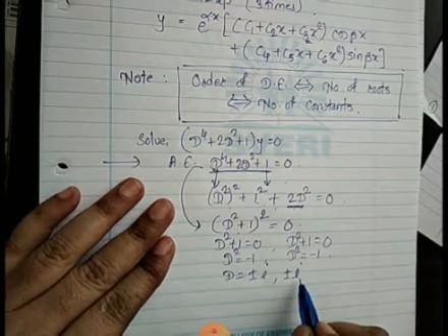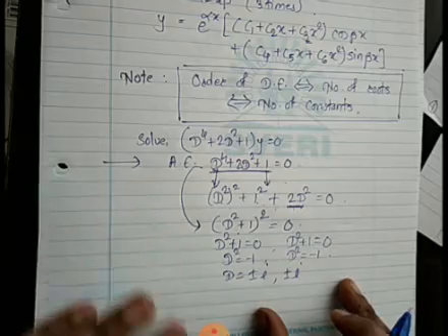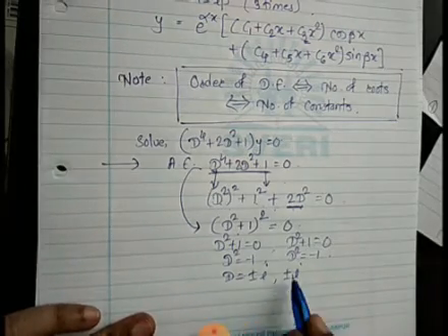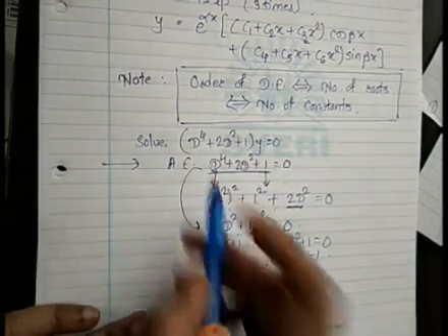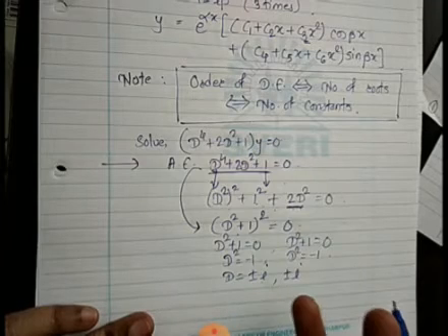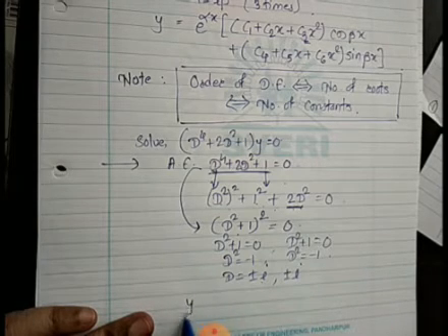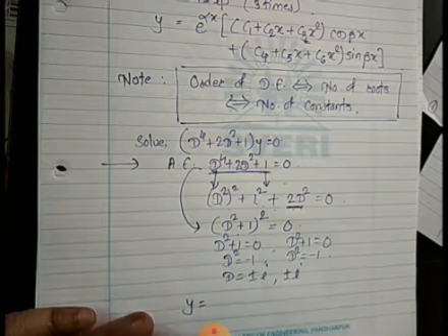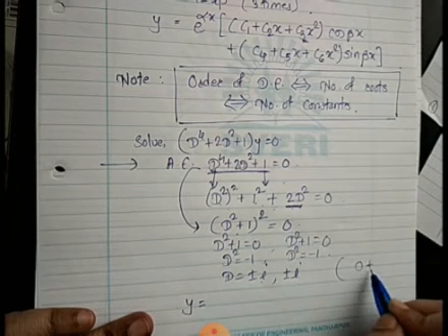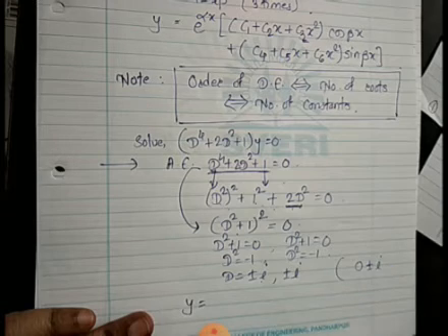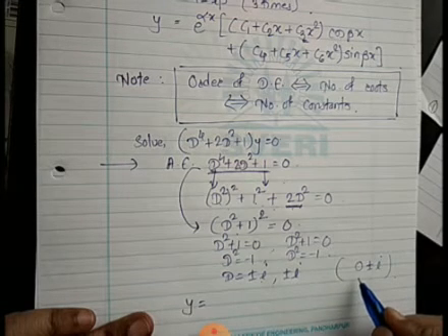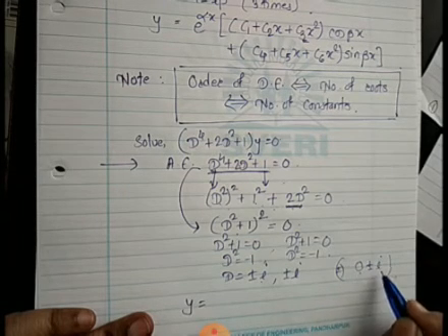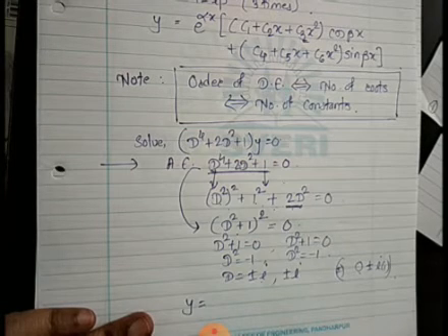Same imaginary number, repeating twice. There are 4 such roots. Order was 4, roots are 4. So there should be 4 constants in your solution. So your solution will be, what is the real part here? This is of the type 0 plus minus i. What is the real part? 0, and imaginary part is 1.